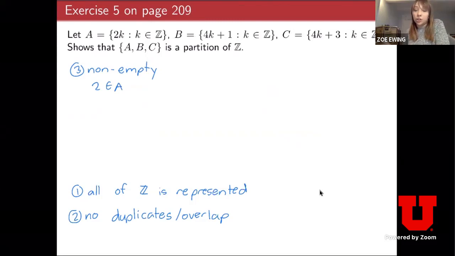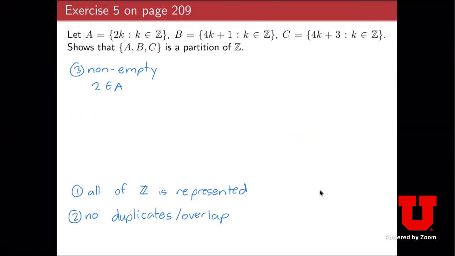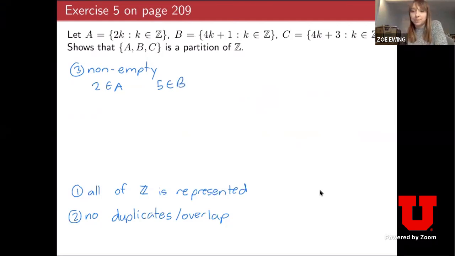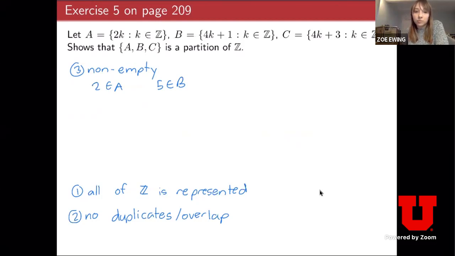What's an integer that we've got in the set B? 5. Yeah. 5 is in B, so it can't be empty. And one more for C. 7. 7 is in C. So that means A, B, and C are non-empty.